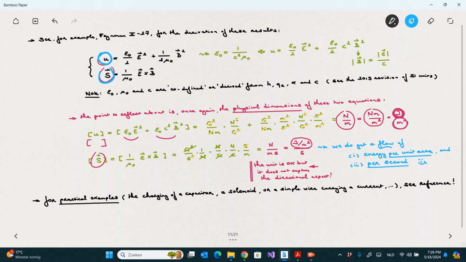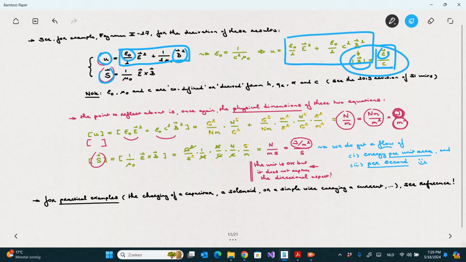Yeah, the energy density of the field, and then the Poynting vector. We know the energy density in the field is equal to half times the electric constant times the squared electric field vector. We know that's an amplitude, and energy is proportional to the square of an amplitude in an oscillation. The electric constant makes the units come out all right, and we have also the magnetic field vector. We know they are both related. The magnitude of the electric field vector divided by c will be the magnitude of the magnetic field vector.